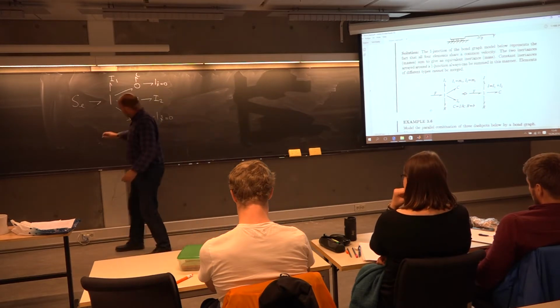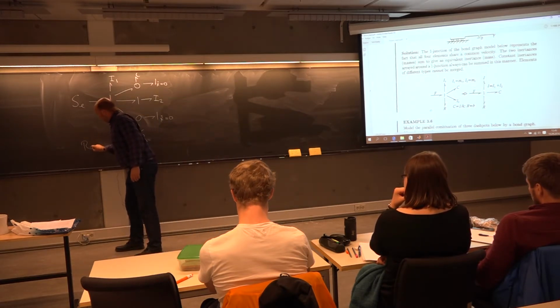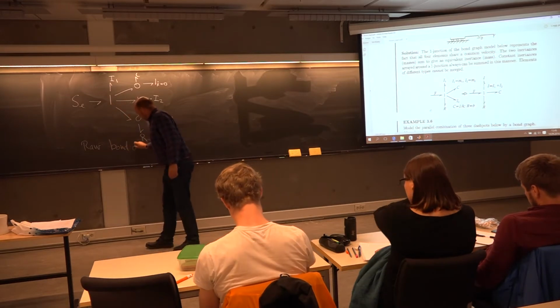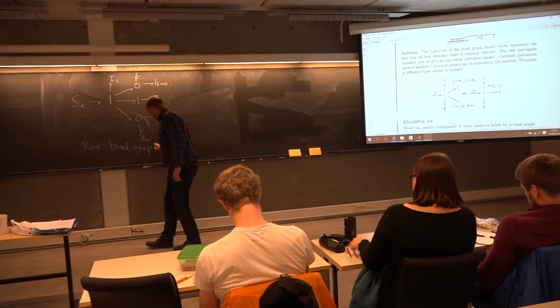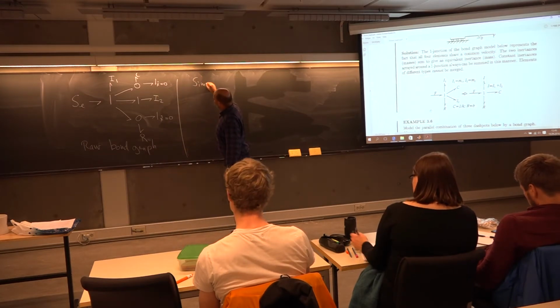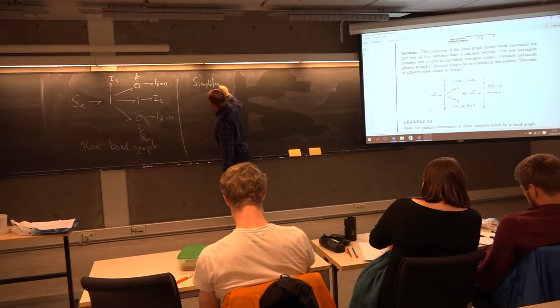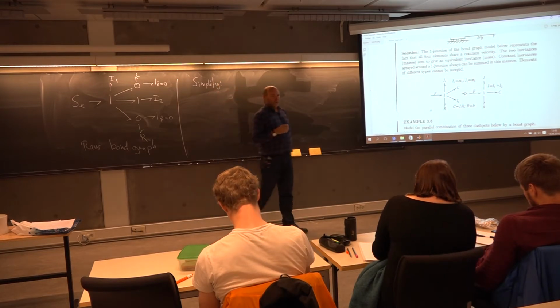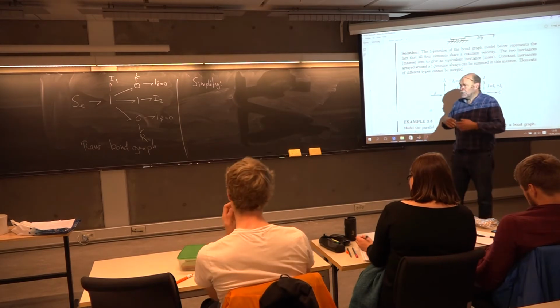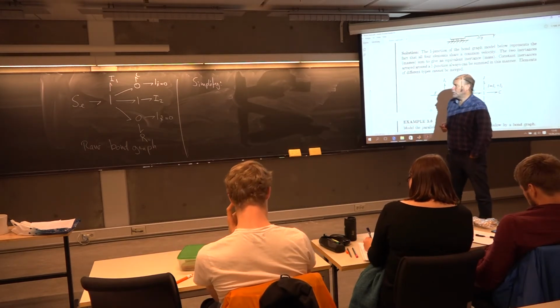So this is what we then call a raw bond graph. And now simplify. You will have a long list of rules on how to simplify a bond graph.